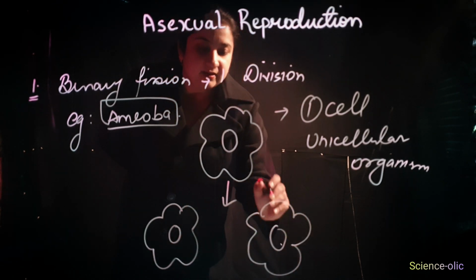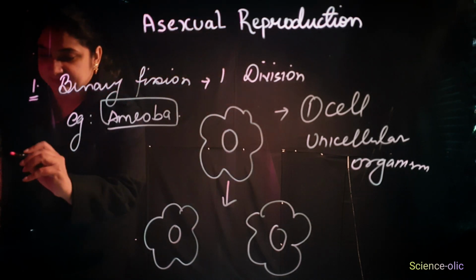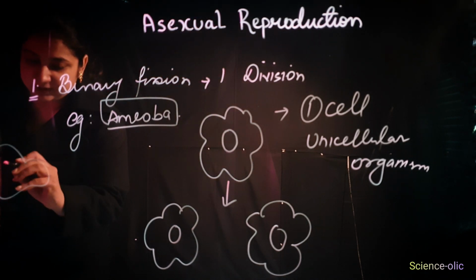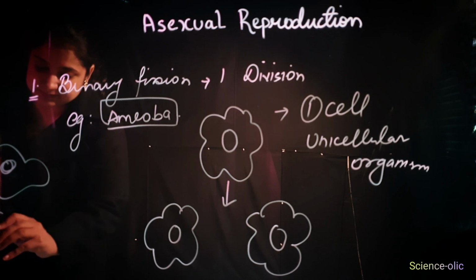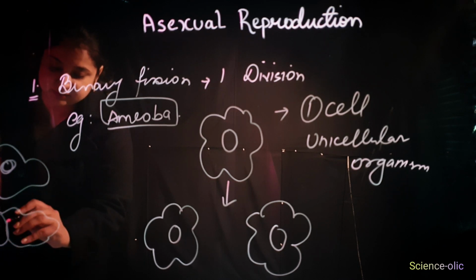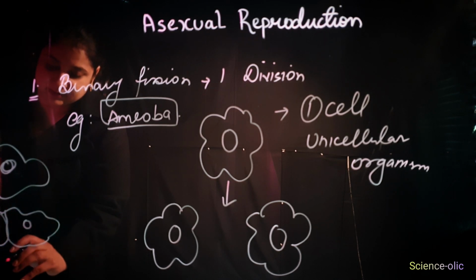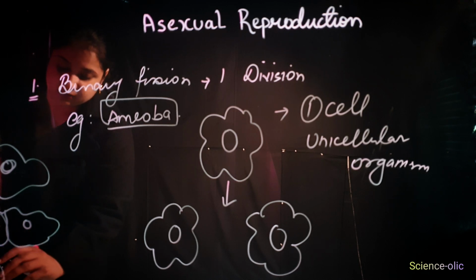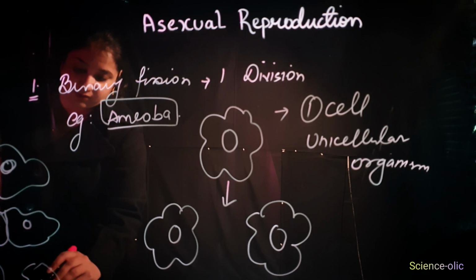How? Let's see. This is an amoeba, and then its protoplast will separate, and then two cells are formed.